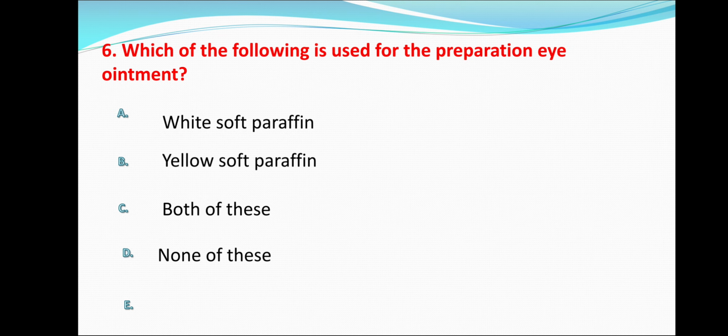Here the most appropriate answer will be yellow soft paraffin, because white soft paraffin is prepared from yellow soft paraffin by using a bleaching agent. So extra bleaching agent is present in white soft paraffin, which may cause irritation to the eye. So yellow soft paraffin is mainly used for eye ointment preparation.